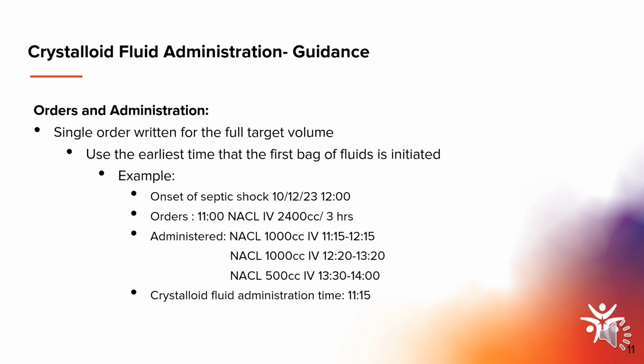We have 1,000 cc's that were administered between 12:20 and 13:20. And then we have 500 cc's that were administered from 13:30 to 14:00. The crystalloid fluid administration time in this example would be 11:15 because it was written as one full target volume.